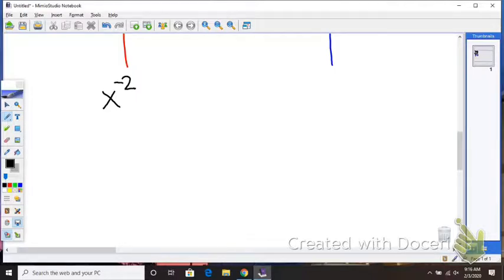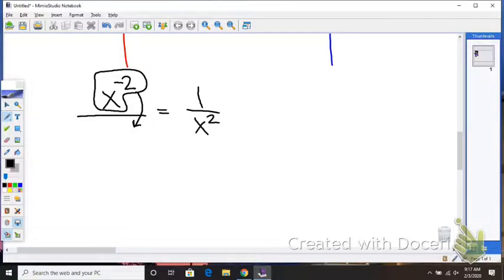If I give you x to the negative 2, does anybody remember what you have to do to make this exponent positive? No, well, you're going to square it, but you have to make it positive first. Close, close, close. Whenever you have a negative exponent, you take it to the other part of the fraction, and it becomes positive. So x to the negative 2 is the same thing as 1 over x squared.